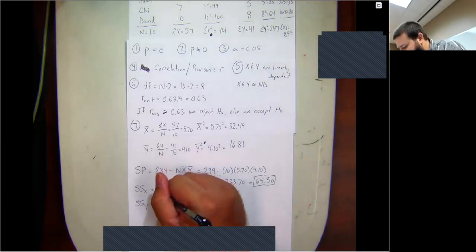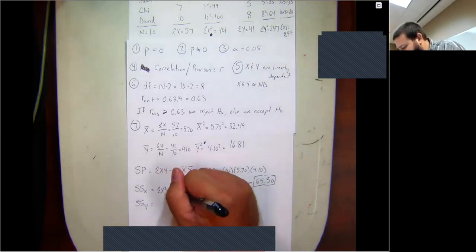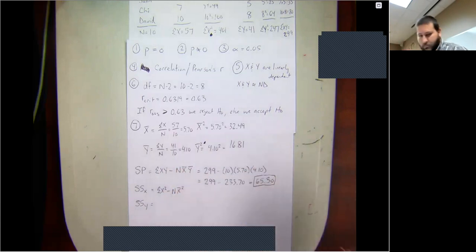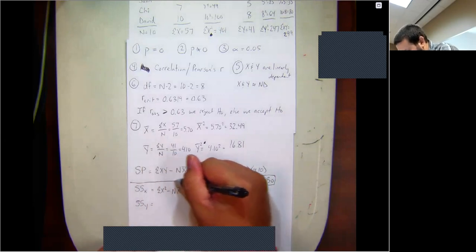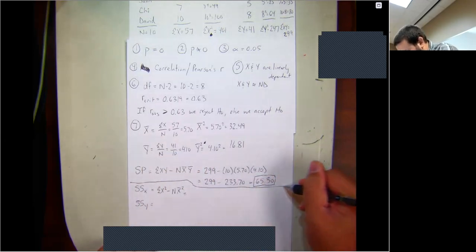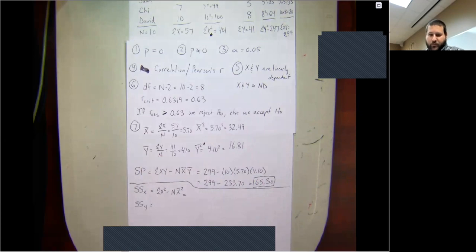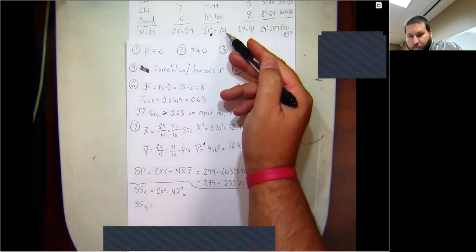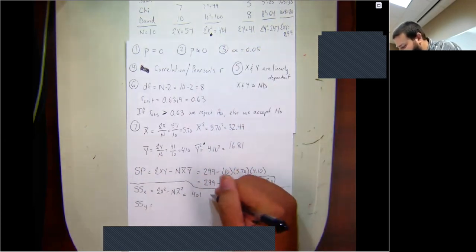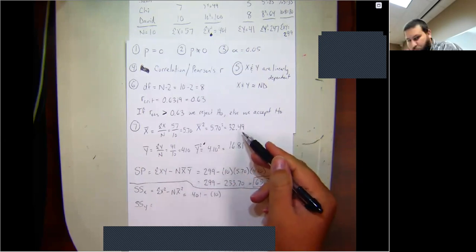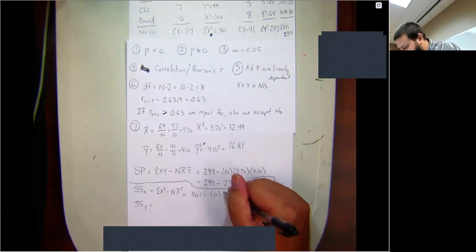SSX is the sum of x squared minus n times x bar squared. So the sum of x squared, up here, is 401. 401 minus 10 times x bar squared. X bar squared was 32.49.